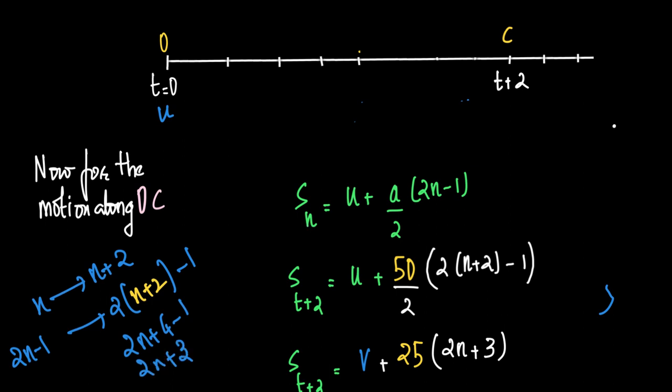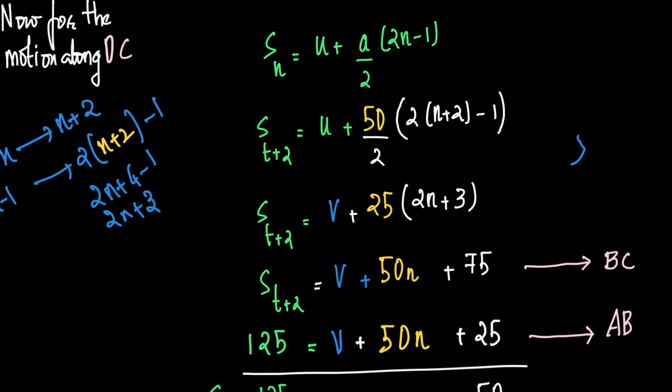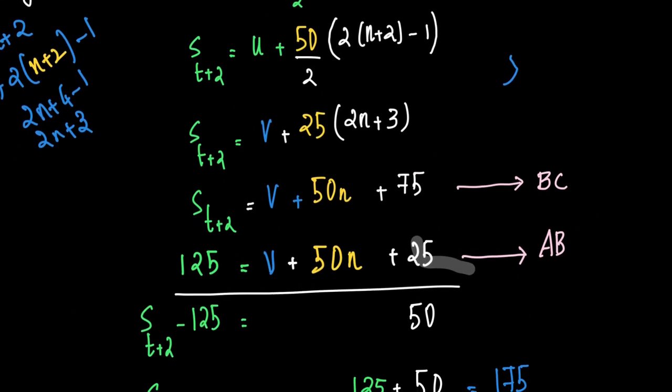So Sn is equal to u plus a, which is 50, 50 by 2 into 2n plus 2 minus 1. What is 2n plus 2 minus 1? It is 2n plus 3. So we have 2n plus 3 here. 50 by 2 is 25. So what we get here is S(n plus 2) is equal to u plus 25 into 2n plus 3. 25 into 2 is 50, and 25 into 3 is 75. So we got this equation along OC.